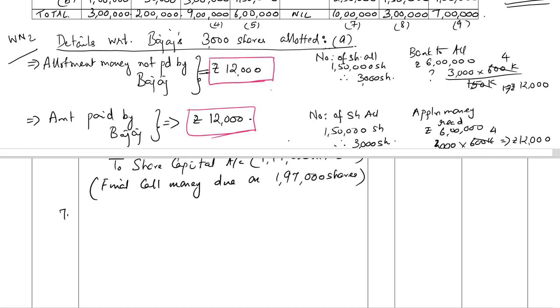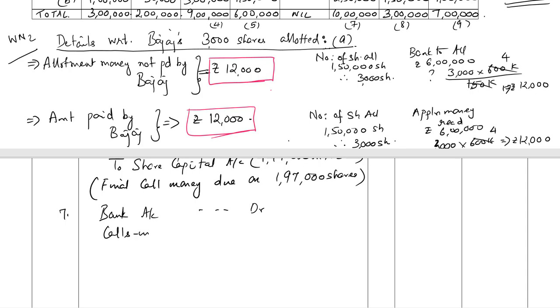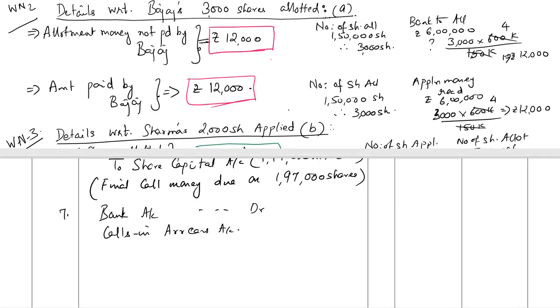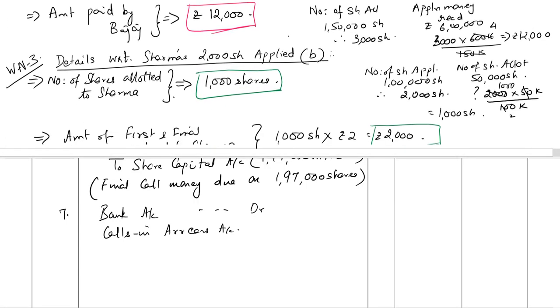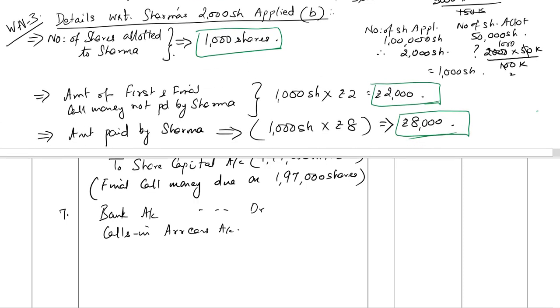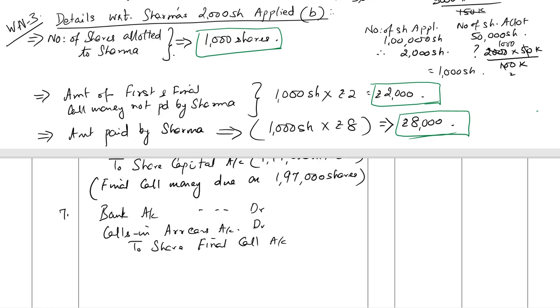The seventh entry, we will receive the final call money. Bank account debit. Again, we will open the calls in arrears account for Sharma's shares, for which we've not received the money. To share final call account for final call money received.